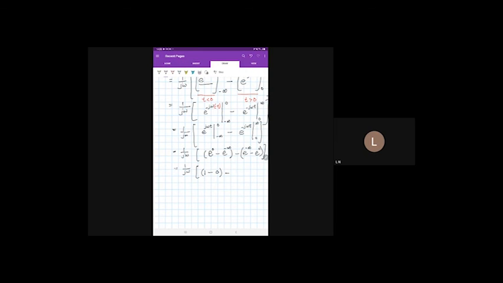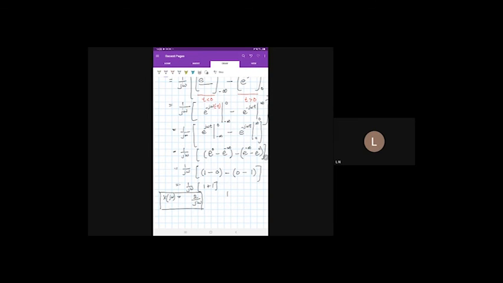So the final answer will be 1 by j omega, then inside you have 1 plus 1, that will be equal to 2 divided by j omega. So X of j omega is equal to 2 divided by j omega.